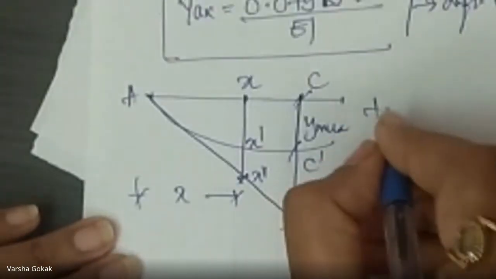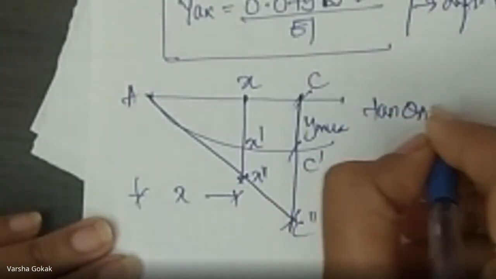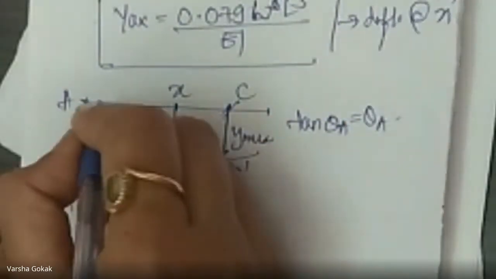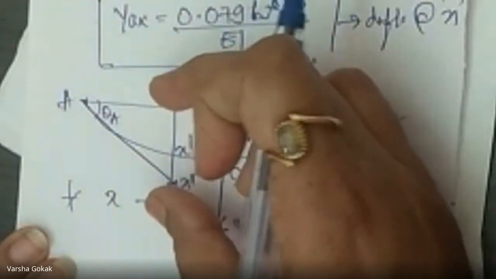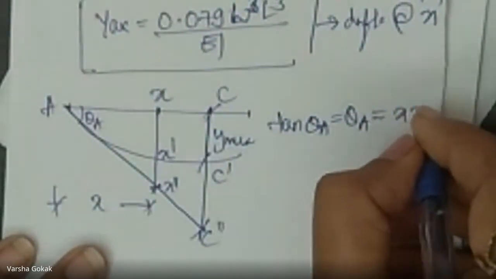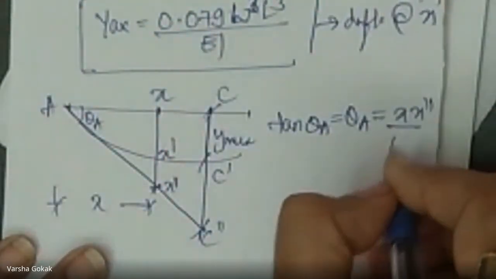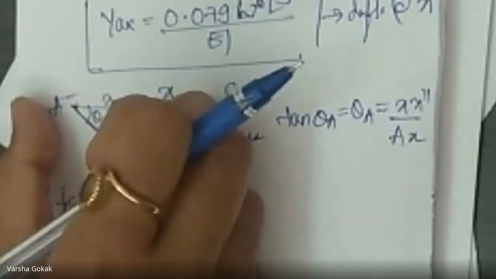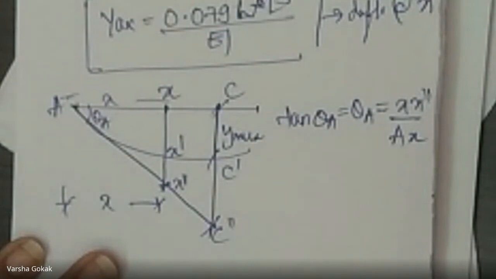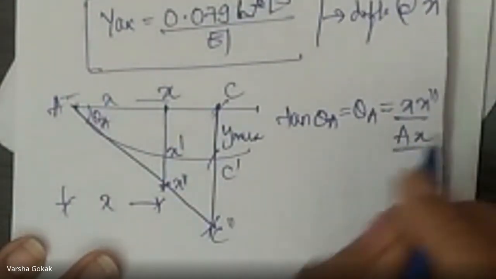Now from this figure, tan of theta a, which is going to be equal to theta a. This is theta a, no? Tan of theta is opposite by adjacent. So opposite is x, x double dash, this divided by ax. A into this value x, ax. Okay? The distance, sorry, not value. Divided by ax. This ax is nothing but x.